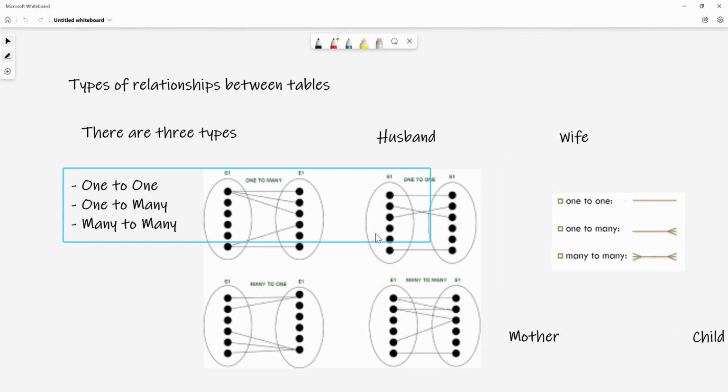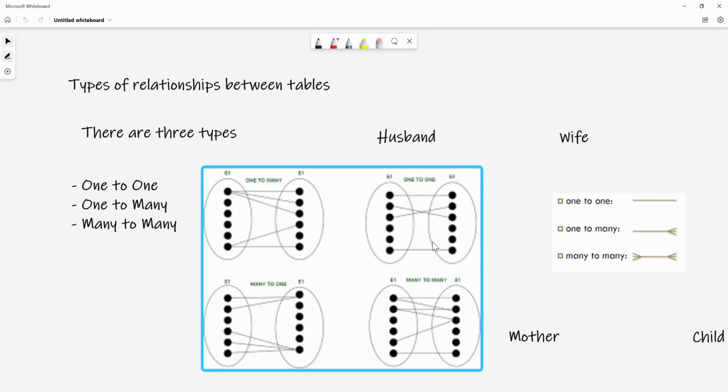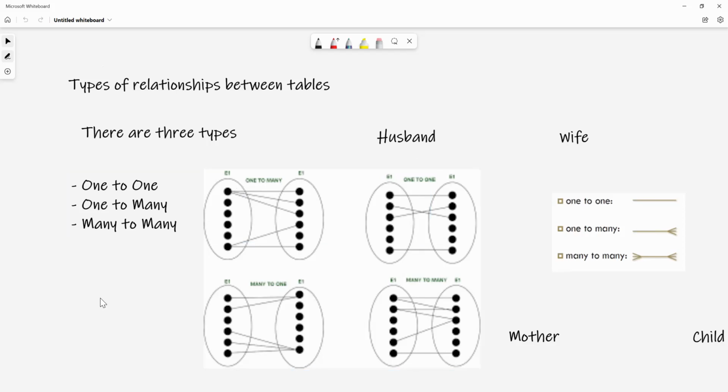If you take two tables, and if you take one record, if it connects to exactly one record on the other side, then it represents one-to-one, one record to one record. For example, we discussed husband and wife, or principal and school, and so on.